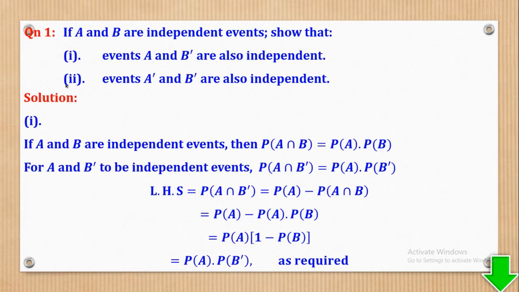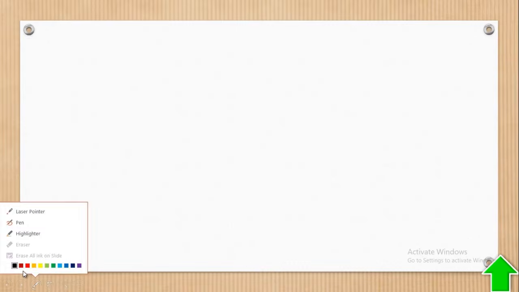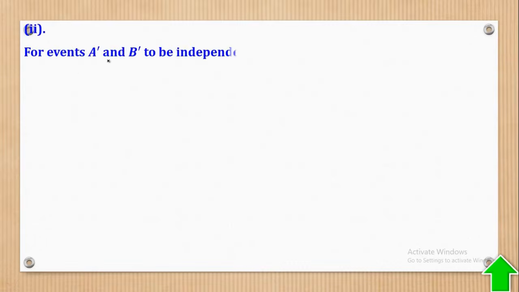So that was Roman 1. Let's now go to Roman 2, where they want you to show that events A complement and B complement are independent. So for these two events to be independent, it implies that the intersection is equal to the product of the individual probabilities.